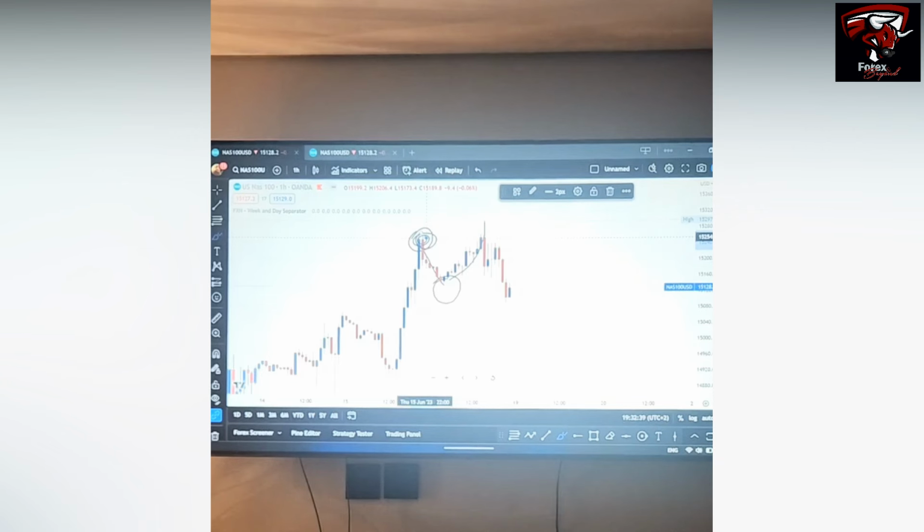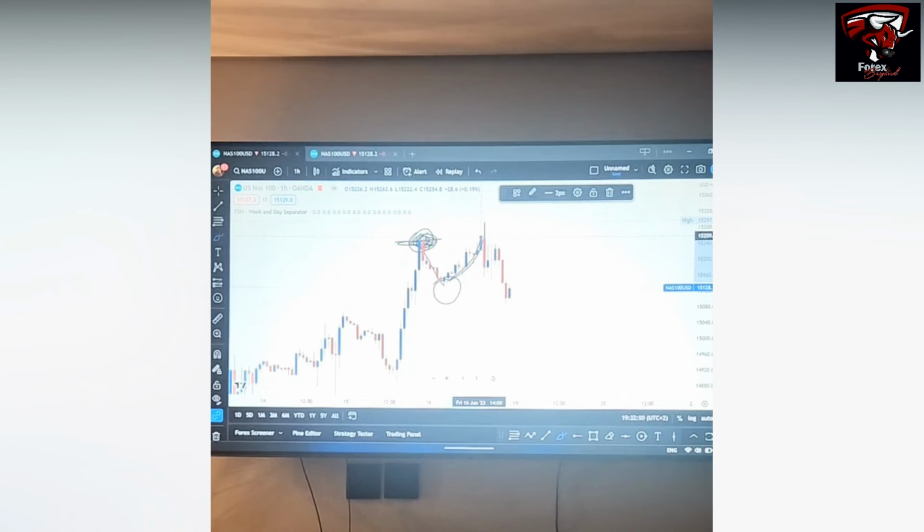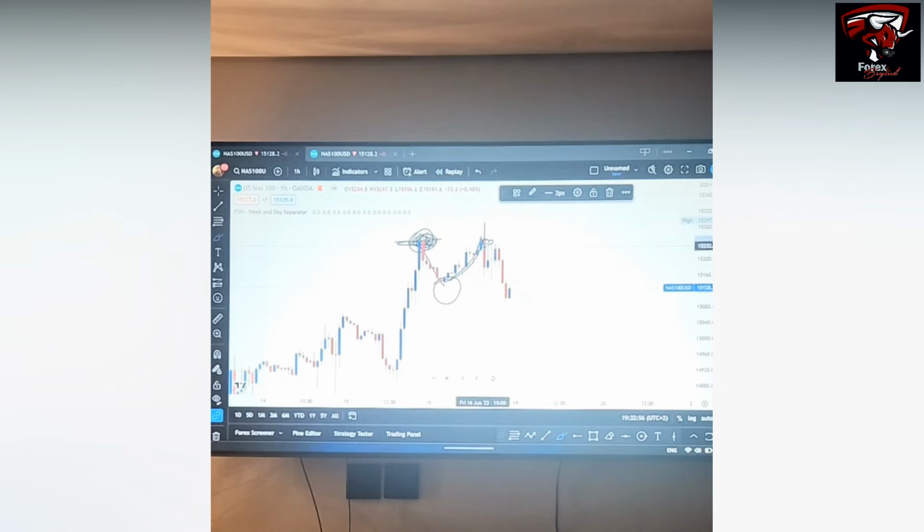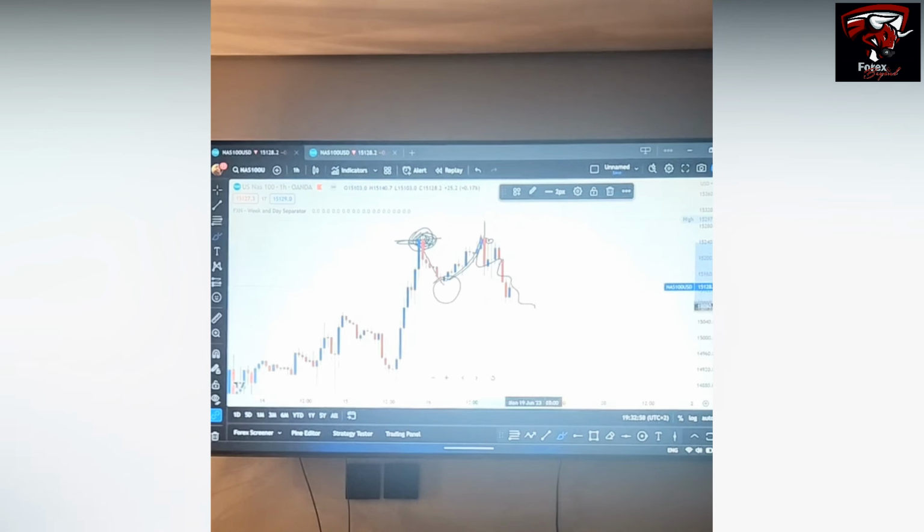So everybody at this level is selling off this market. They've got orders sitting at this level waiting for price to come up and then stop right at their orders, trigger their orders, and then start to sell the market off, right?